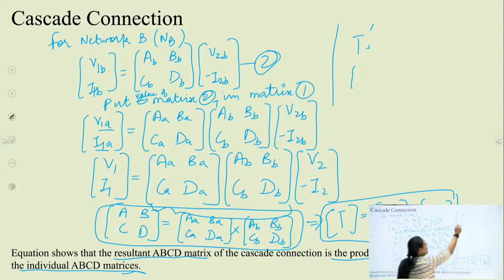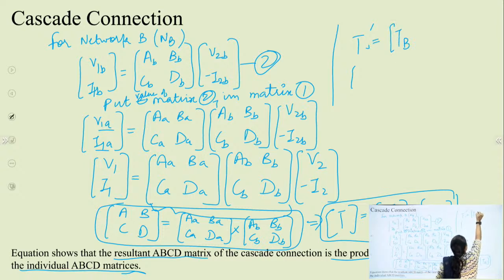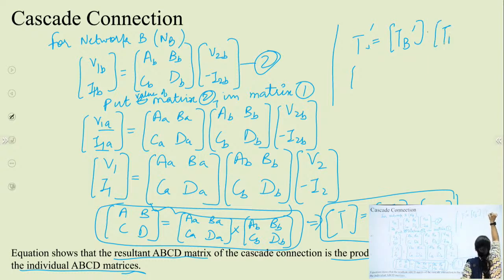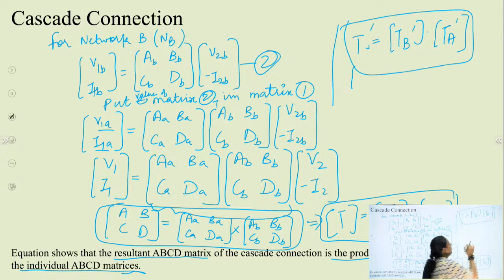So for T dash we can write directly TB dash into TA dash. Okay, for T dash directly you can use. तो अगर हमारे पास we have 3 2-port networks, the output will be TC dash into TB dash into TA dash के parameters. Okay, so this is it for today's lecture.